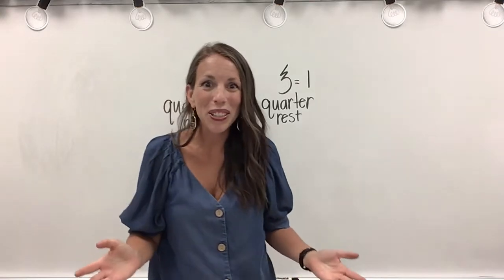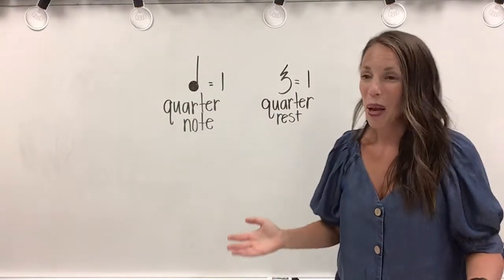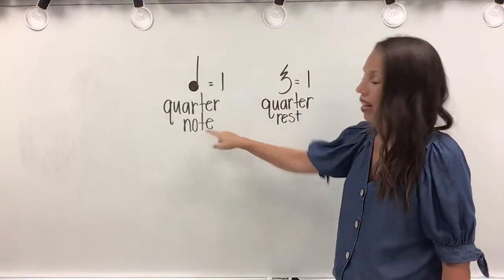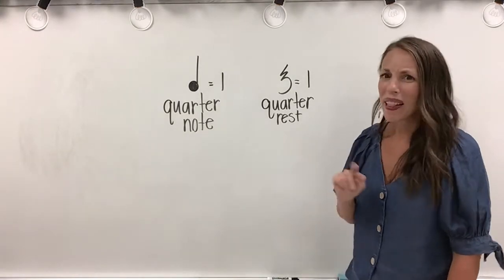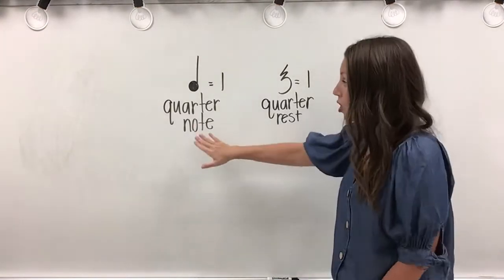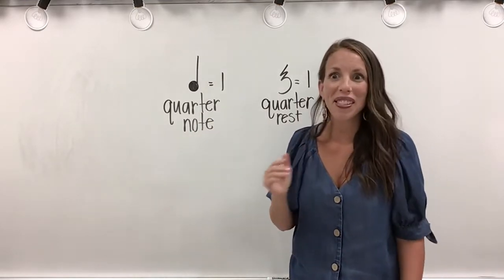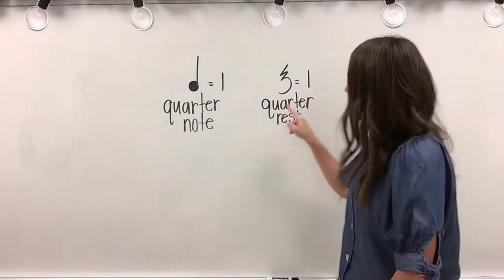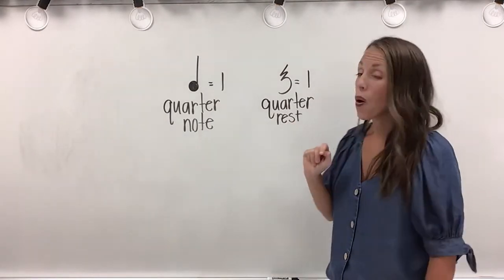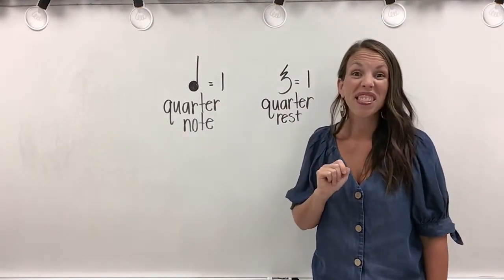Fantastic. You remembered the difference between a quarter note and a quarter rest. Let's just review it one more time. So our quarter note gets one beat of sound, and our quarter rest gets one beat of silence.